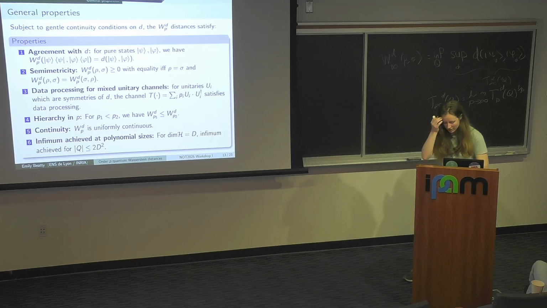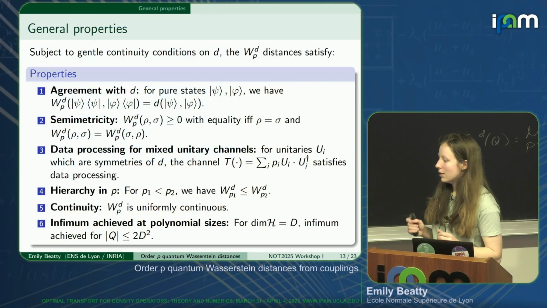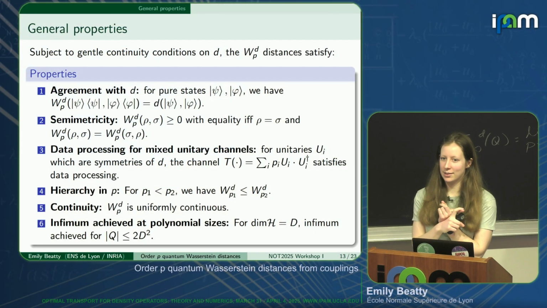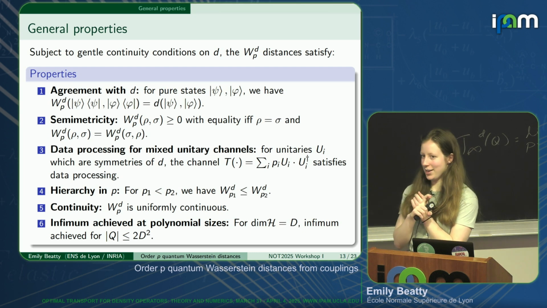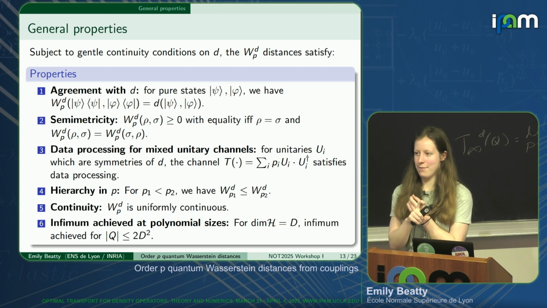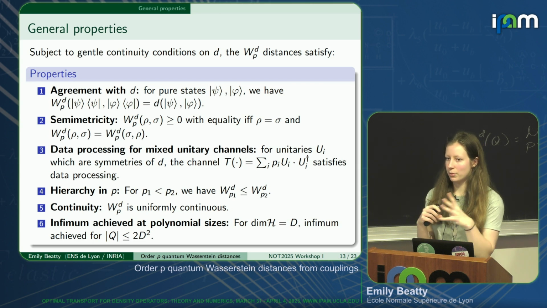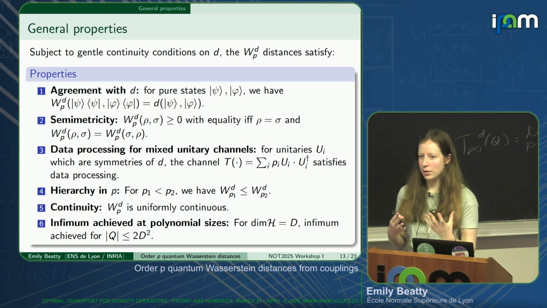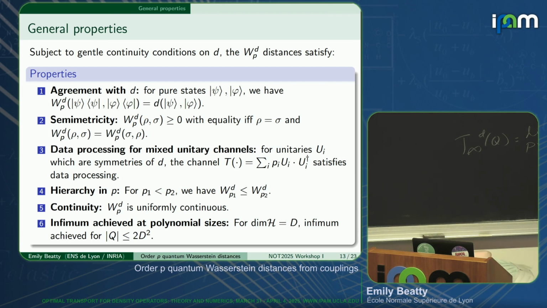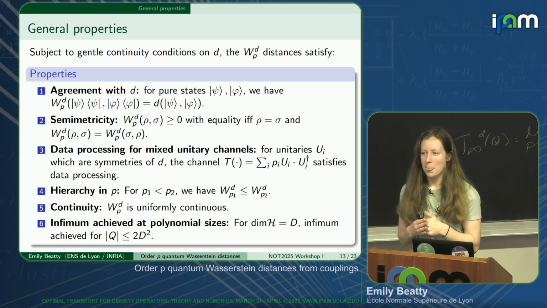So this is the last thing I wanted to talk about. You'll notice here the list of properties we're missing. There's no triangle inequality here. This is because, as with pretty much every example that comes from a coupling or a generalization of a coupling definition, when you try to get the triangle inequality, you run headfirst into the quantum marginal problem.